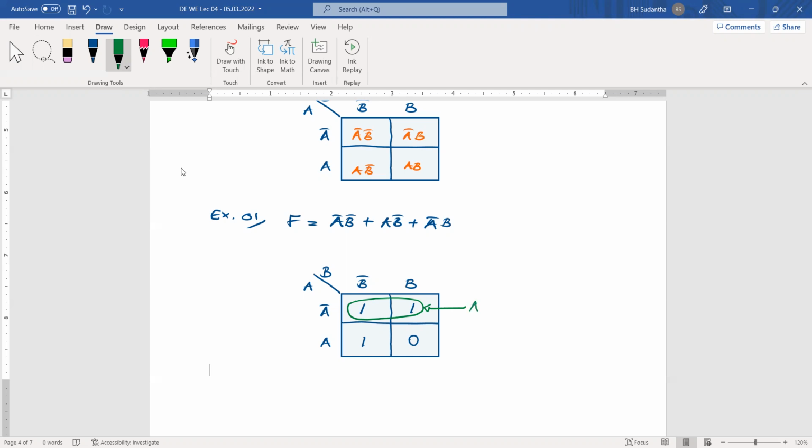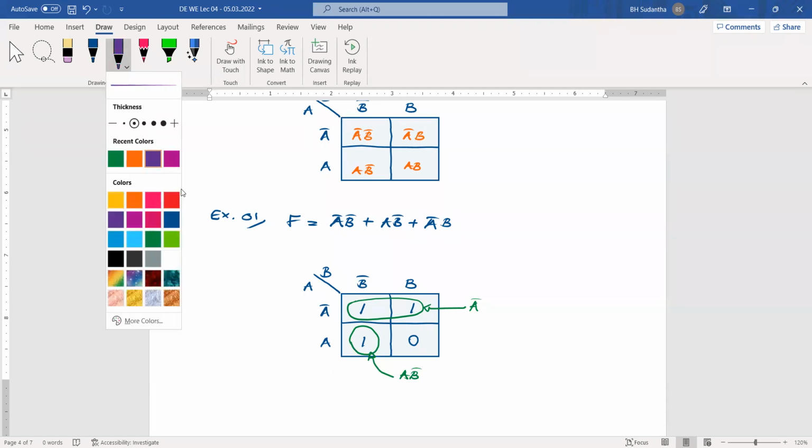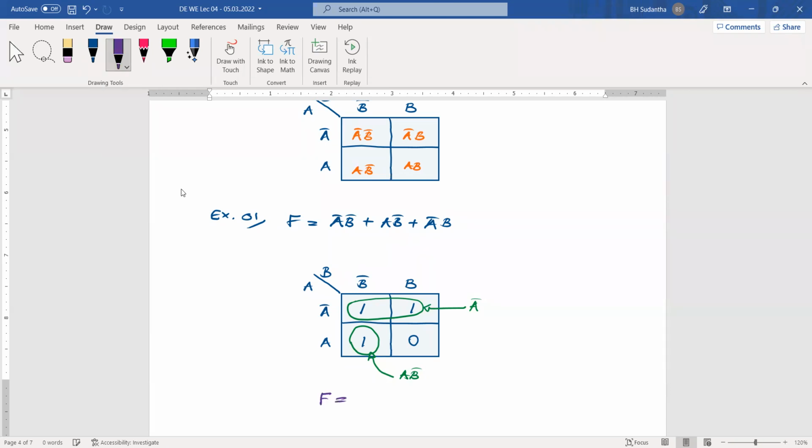Then the name for this group is A bar. What is remaining? This one is remaining, and this is alone. We can take it as a single one. Then what is the name for this one? This is A B bar. Then what is the minimized equation here? F equals A bar plus A B bar.